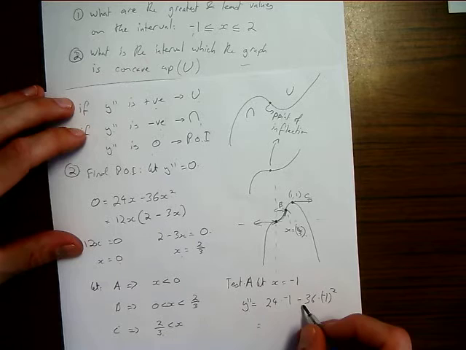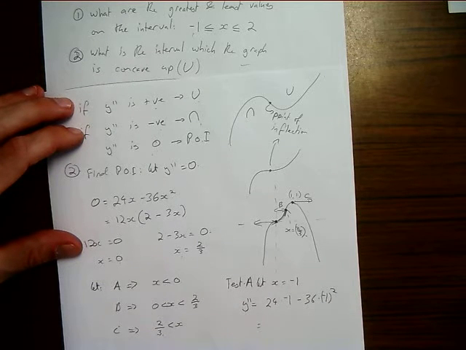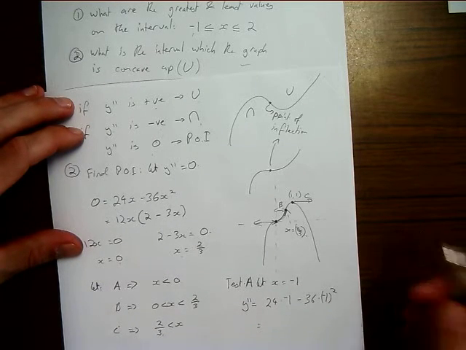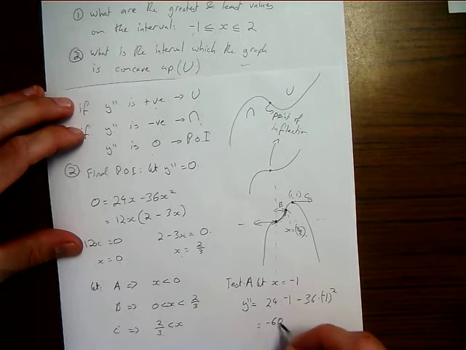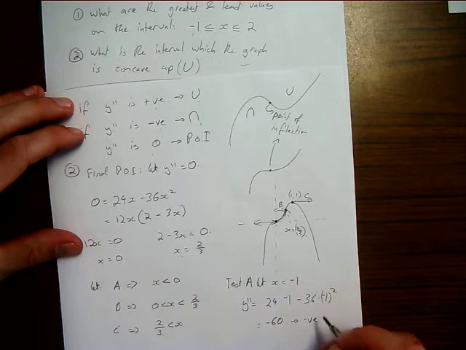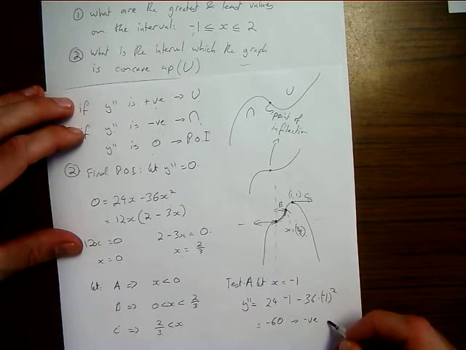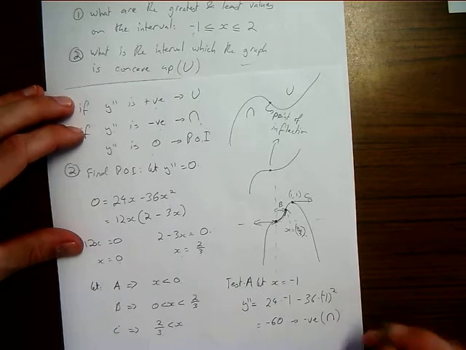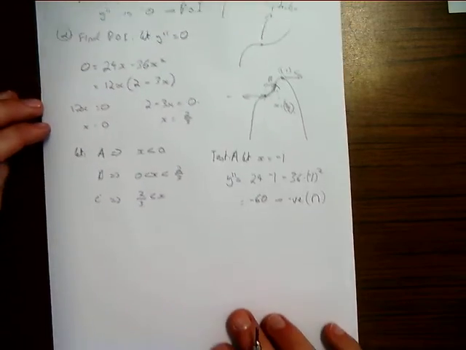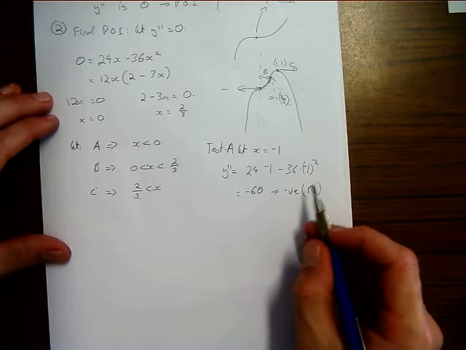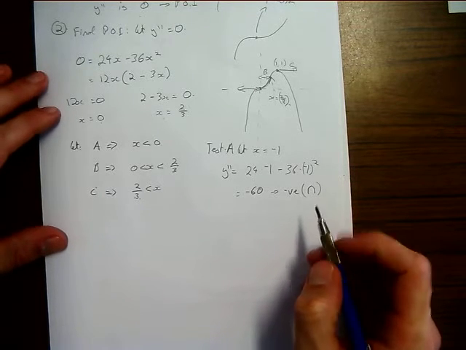That's -24, take 36, that's -60. So that's obviously negative, which means it's concave down. You can use those up and down U's as well to say concave up or down.